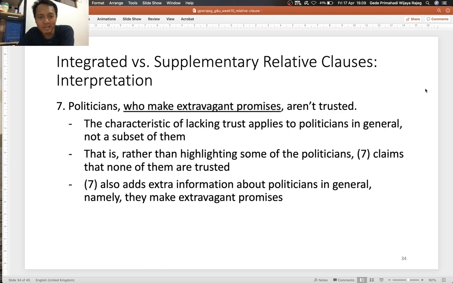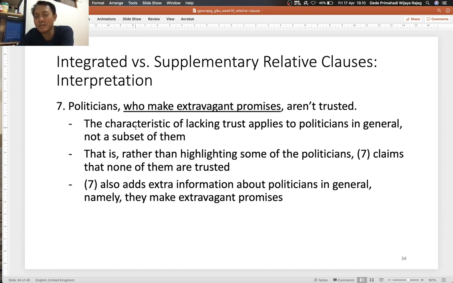All right, 7. How would you interpret the sentence in 7 with the supplementary relative clause? In this case, the property of lacking trust applies to politicians in general, not just a subset of them as in 6.